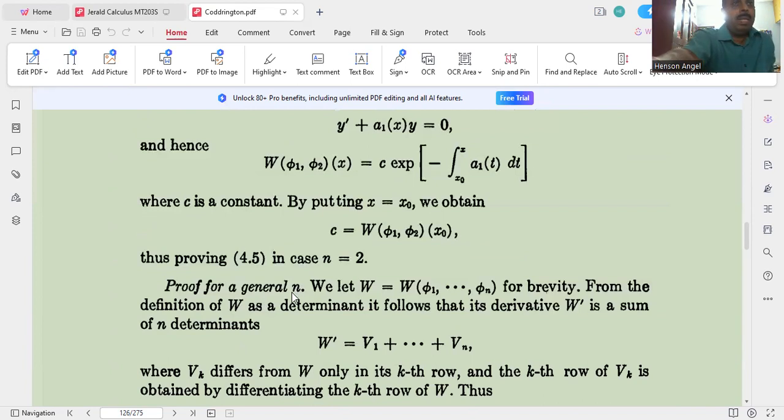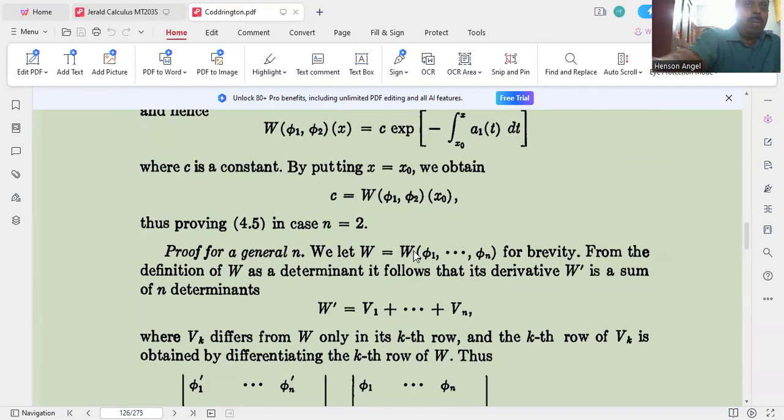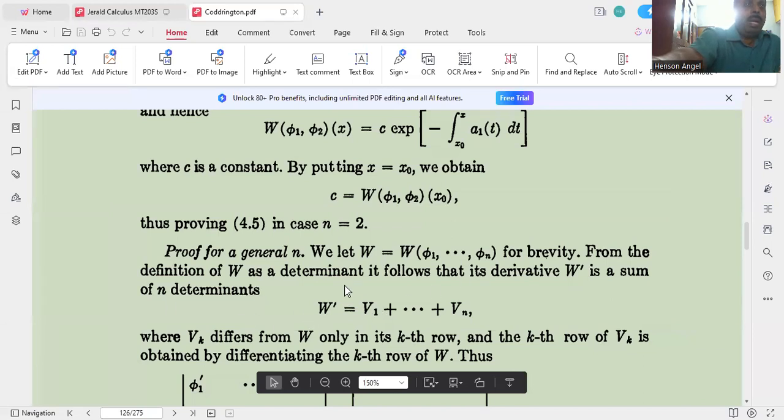Proof for the general case n: we let W be the Wronskian of φ1, φ2, φ3, ..., φn. From the definition of the Wronskian as a determinant, it follows that its derivative W' is a sum of n determinants.